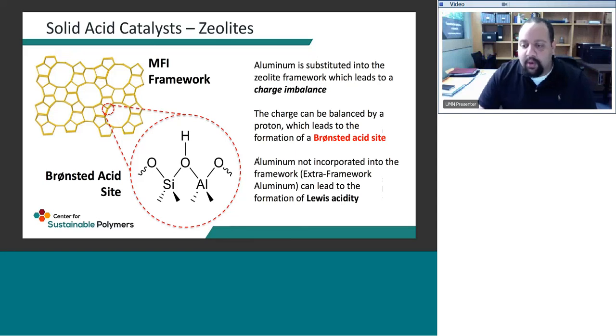So you've created a catalytically active site, and it's Bronsted acidic. Alternatively, if your aluminum is not incorporated into the framework but simply deposited elsewhere, as extra framework aluminum, that can generate Lewis acidity.